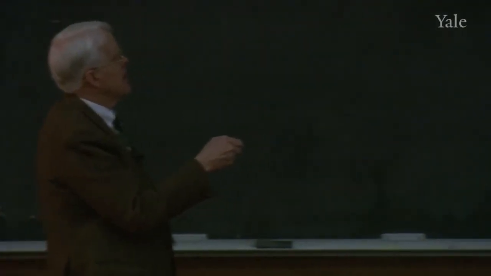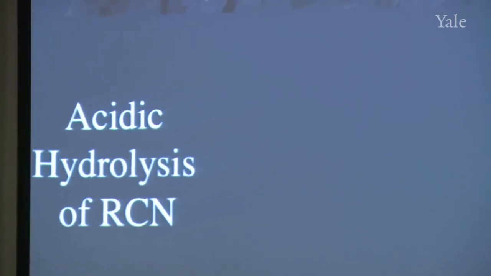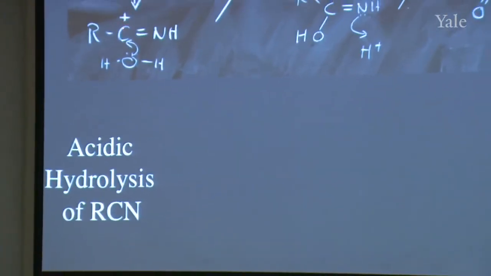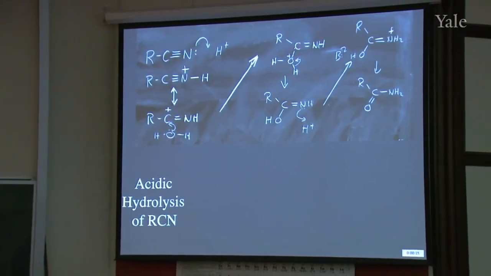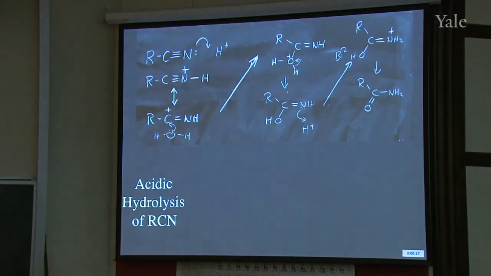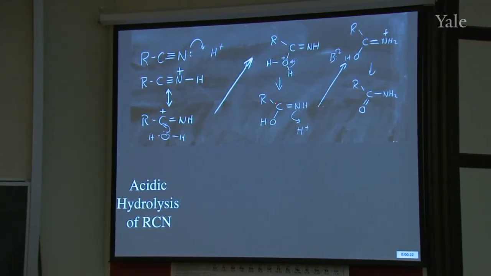Okay, so you have the nitrile, the CN group, protonate it, have a resonance structure that has plus on carbon, react that with water. So now you've got the CO bond, lose a proton, okay? So you have the alcohol here now, but then protonate the nitrogen. Now if you take a base and pull off this proton, you have the imide, okay?